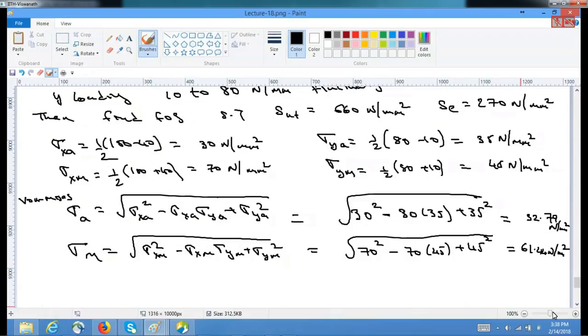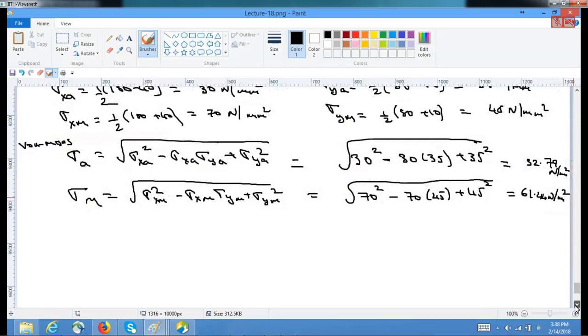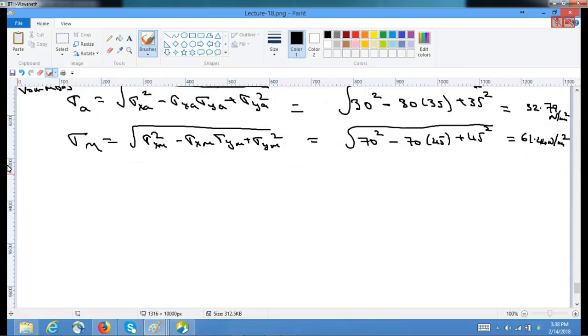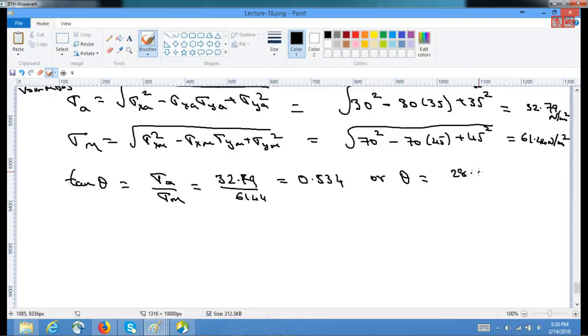We know that SA by SM is equal to tan theta, which is equal to sigma A by sigma M, that is 32.79 divided by 61.44, which is 0.534, or theta is equal to 28.09 degrees.